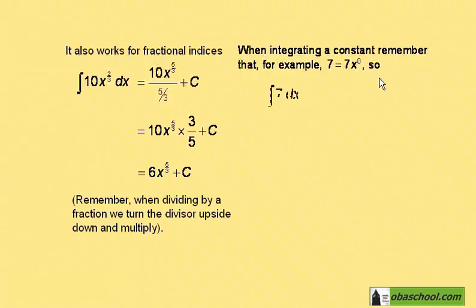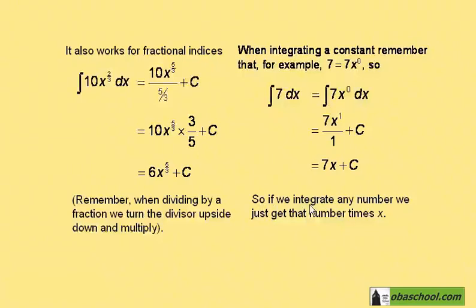This gives us the integral of 7 would be the integral of 7x to the power 0, increase the power by 1 and divide by the new power, so we get 7x. So if we integrate any number, we just get that number times x.